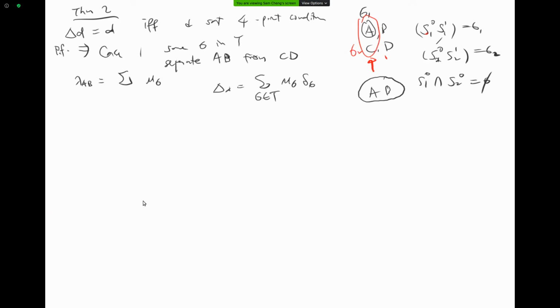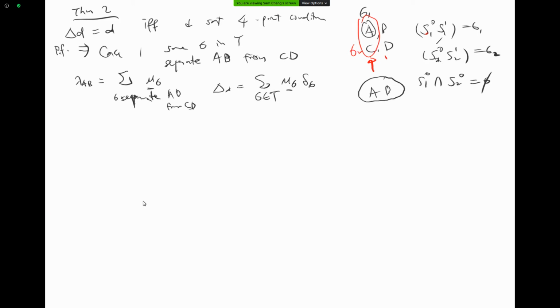So lambda AB is the sum over the mu sigma for all the sigma that separate AB from CD.